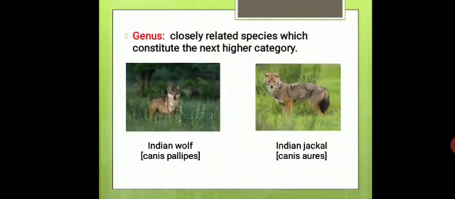If you see here, both belong to the same genus. What is the genus here for them? Canis. They look similar, yes or no? They look similar, but their species is different, which means their internal structure is different.